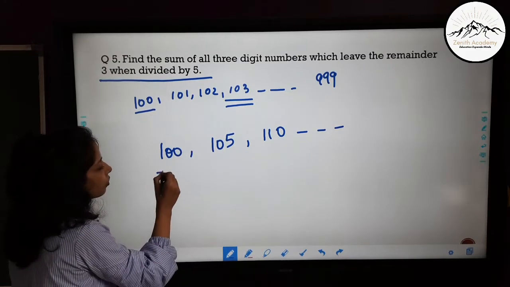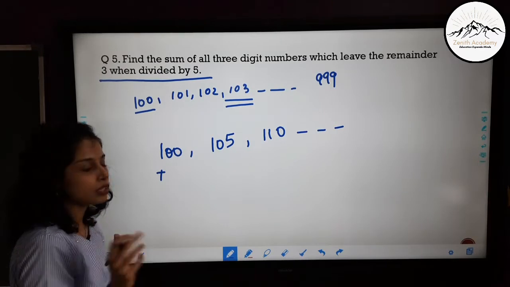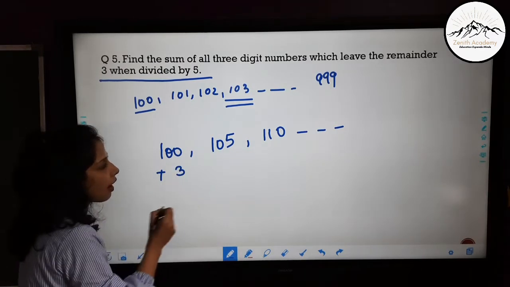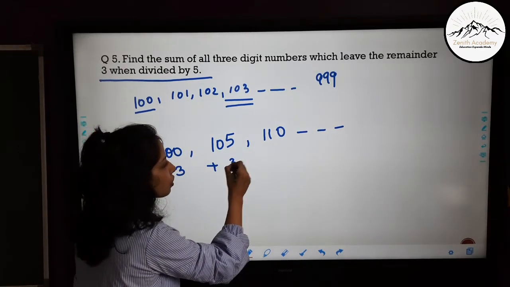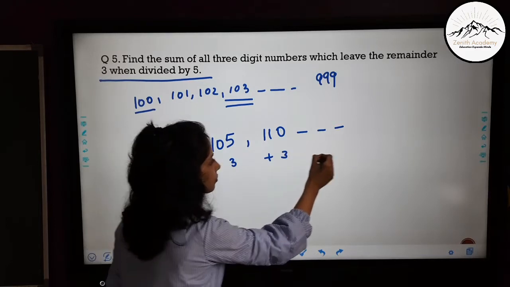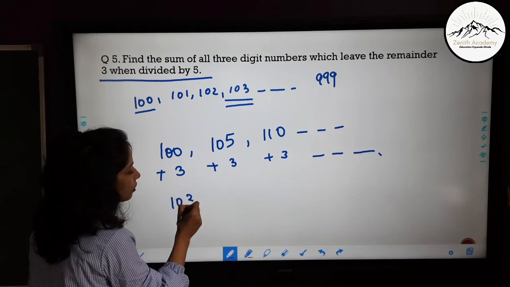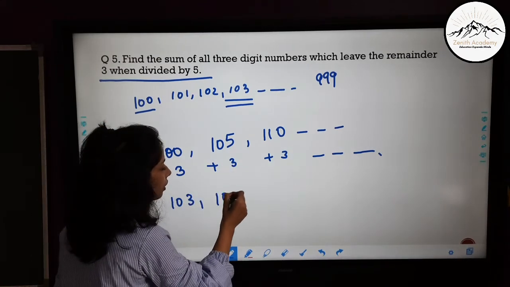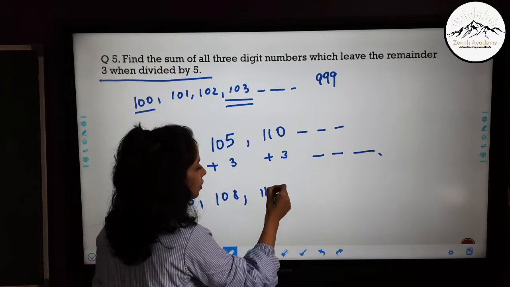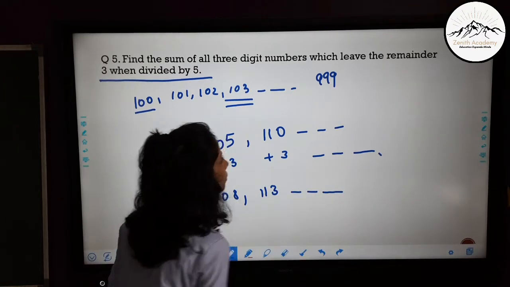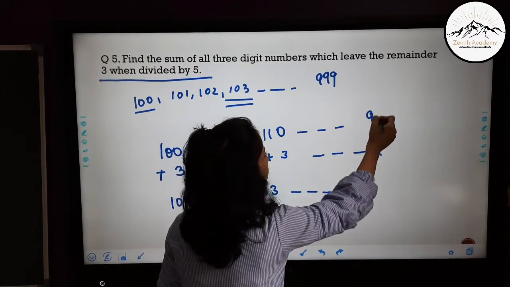So what we can do, we need the remainder to be 3. We can add 3 to each of these terms. So what we'll get? 103, 108, 113 and so on till our last number.